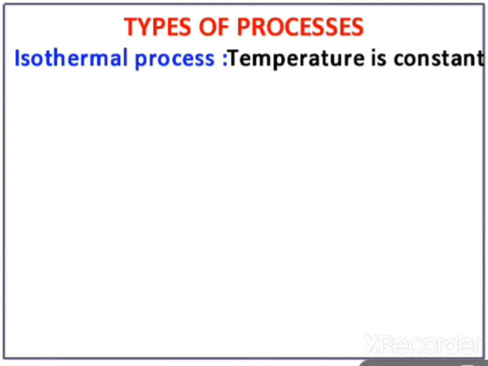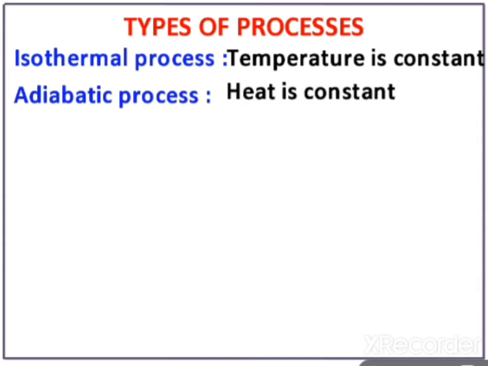Whenever we perform an experiment, if the temperature is kept constant, then the process is called isothermal. Adiabatic process: in such processes heat is not exchanged, heat is not changed. Initial heat and final heat are both the same.